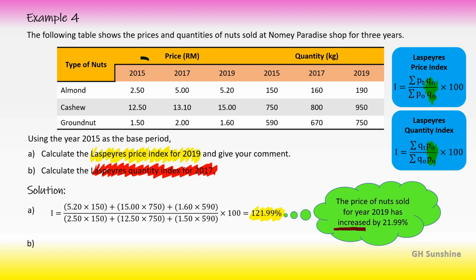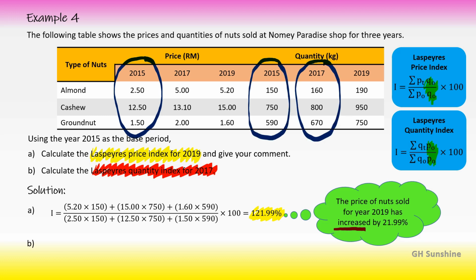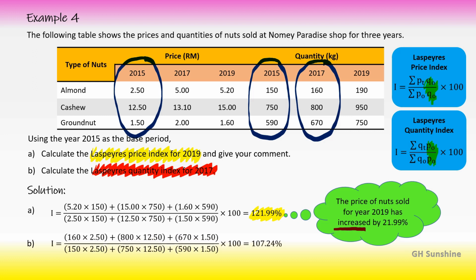Here, P naught. Where is the QT? 2017. And then Q naught is based on 2015. Substitute, and at the end, you got the Laspeyres quantity index for the year 2017 equal to 107.24%.